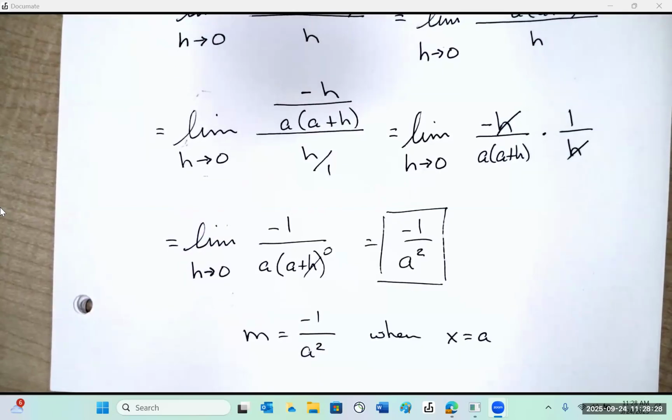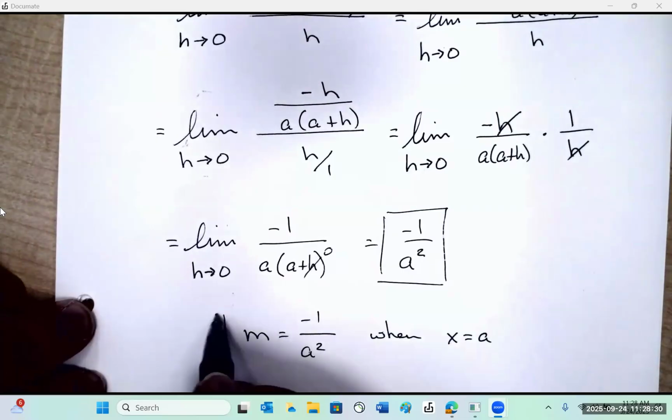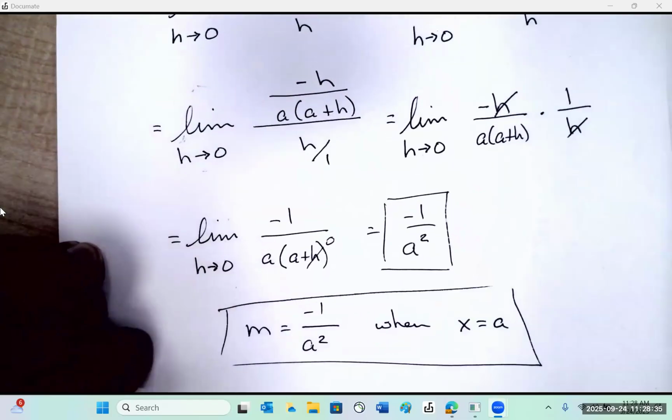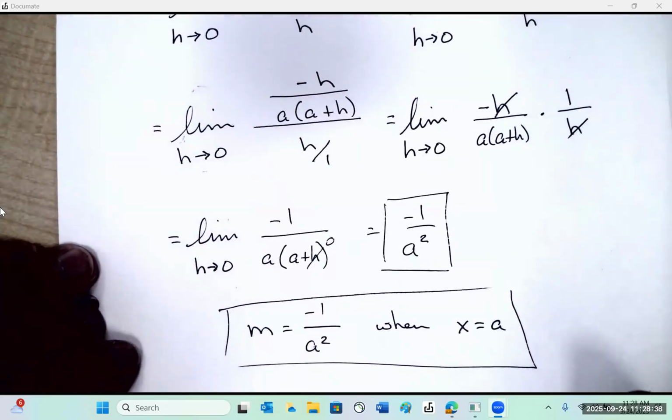All right, so part B, this is the first part. Part B said, what is the slope at x equals -1?